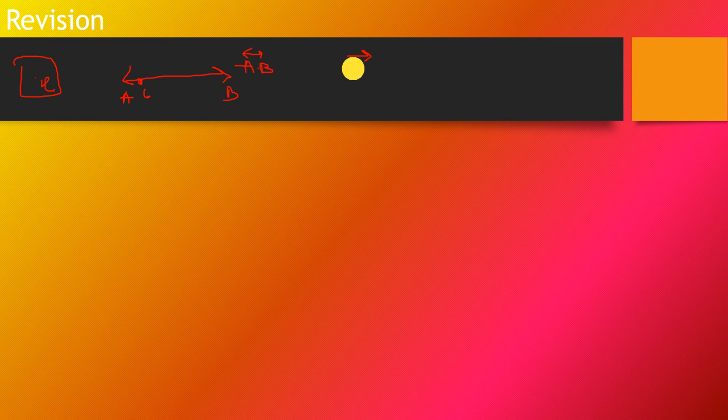A ray is CA, and also we can denote the ray CB. Then what is a line segment? A line segment is a part of a line which has two endpoints and a fixed length. So to denote a line segment we say it CD.